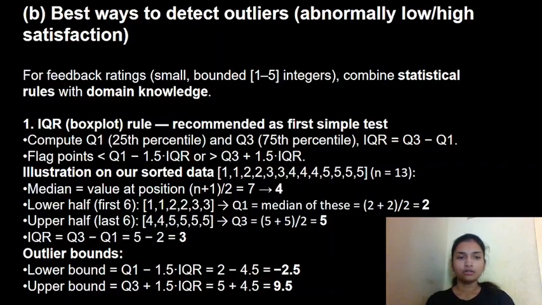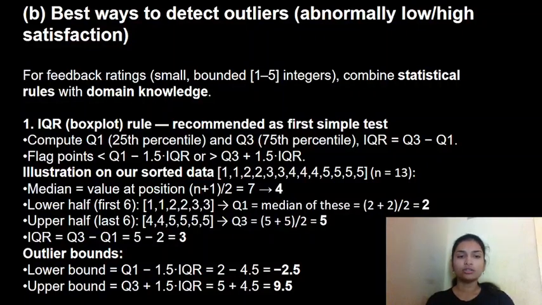Upper half, now the next 6 values we are taking for Q3, now its median is 5. Now for calculating IQR we are subtracting Q1 from Q3. Now 5 minus 2, that is 3.